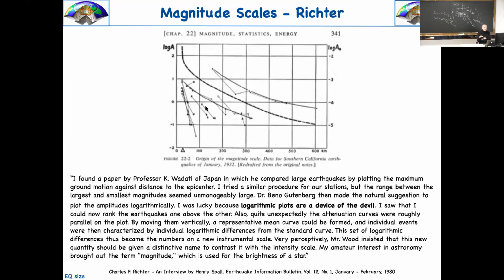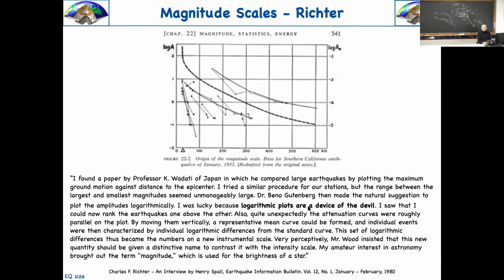And here I'm reporting the written text out of an interview which Charles Richter gave a long time ago, and it was actually following the suggestion of Beno Gutenberg. It was saying, okay, if you have a messy cloud of data, let's try with a logarithm, because usually it puts some order.